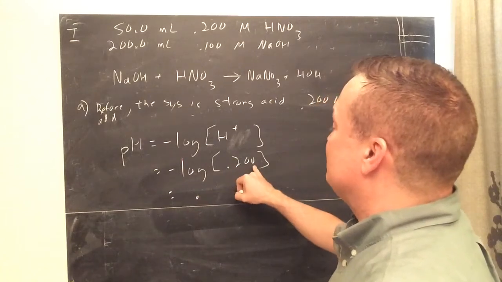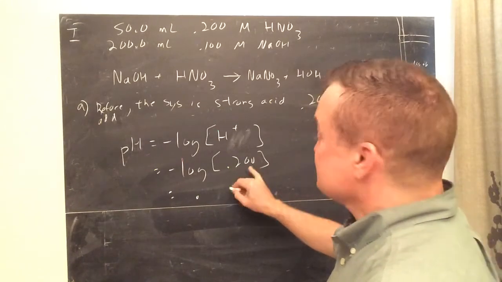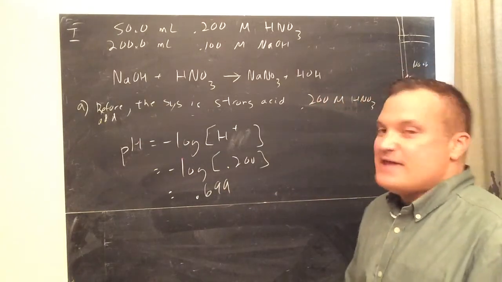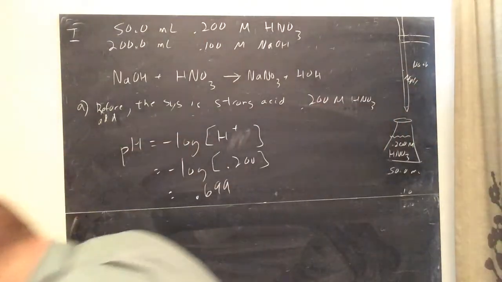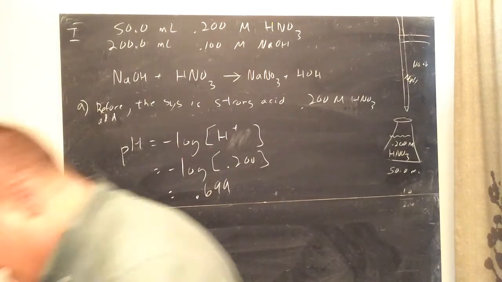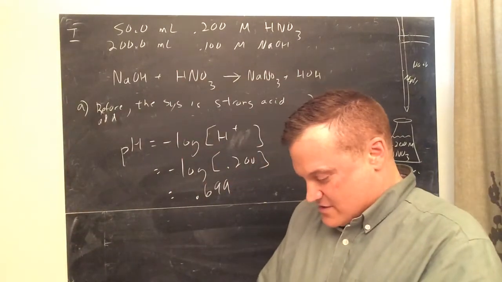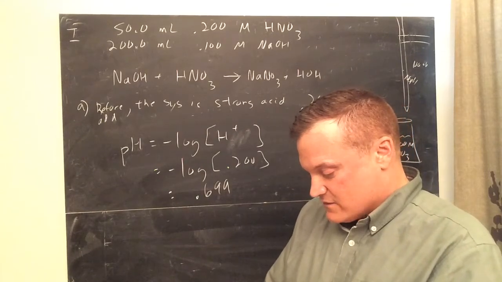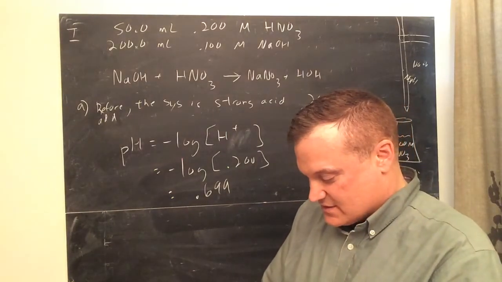Actually, I can have one more sig fig, 3 sig figs, so 0.699 is the pH. Okay, that's the pH before you add anything. So what you could do, we'll see if this graph works out. So it's less than 1. Uh-oh, does this pen work? It does.